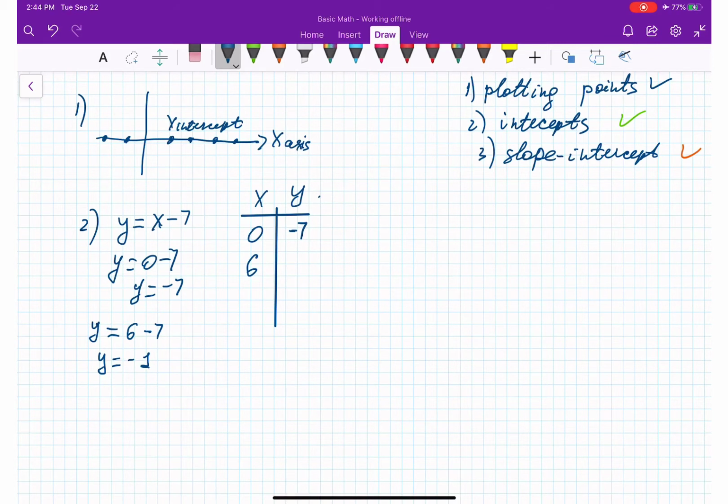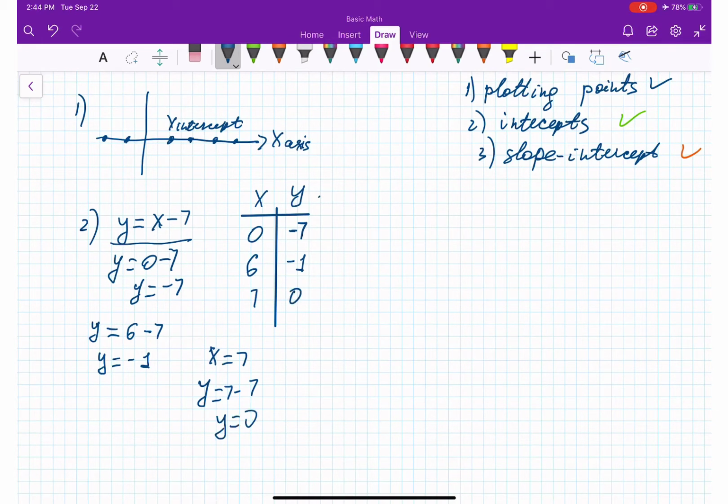So for this given equation, when x is 6, y is going to be negative 1. And another one, when y is equal 7, let me use here. When y is equal 7, x is equal 7. So what do we get? Y is equal 7 minus 7. So y is equal 0.